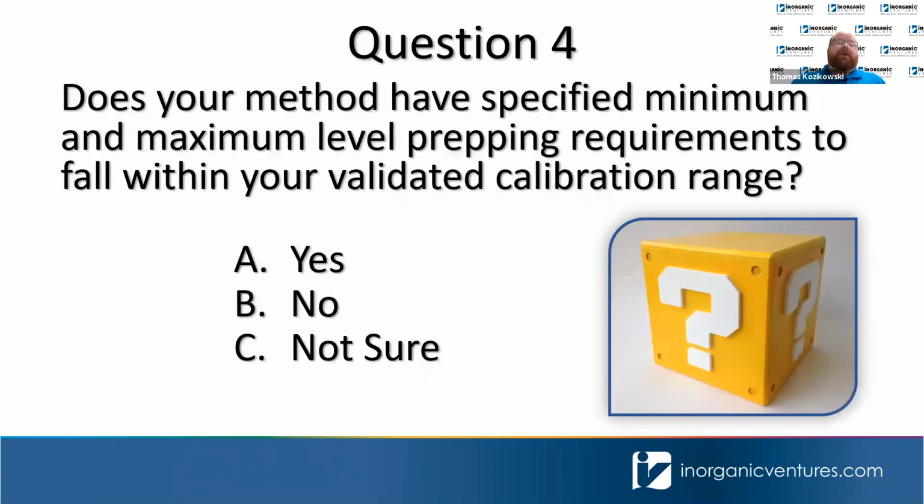So now I've got another question for you. I think this is our last question of the day. Does your method have specified minimum and maximum level prepping requirements to fall within your validated calibration range? That's similar to the table I just showed.